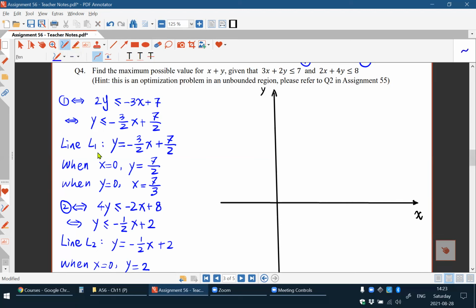Let's start from the first line. The first line passes 2 points. One point is 0, 7 over 2, sorry, 7 over 2 is here. The next point is 7 over 3, which is approximately 2.3, so let's suppose it's here.